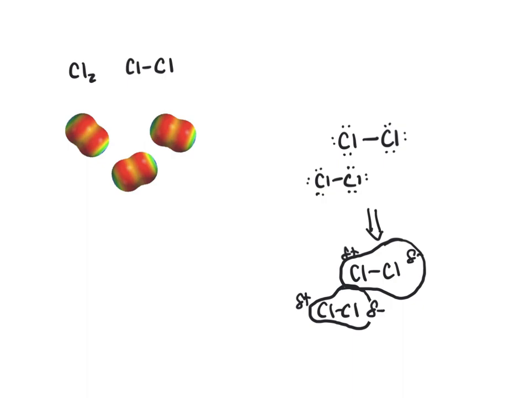Now, that situation is not going to stay like that, because as soon as this chlorine molecule moves away from this chlorine molecule, this is going to relax back to this nice even distribution and be nonpolar again. So these little dipole moments that are induced in a molecule are only there for the amount of time that this chlorine spends near this chlorine.